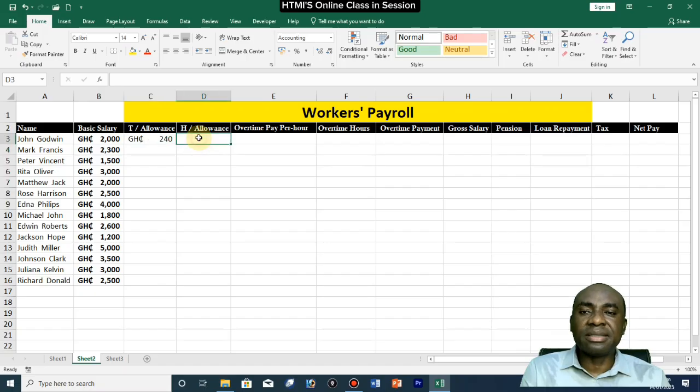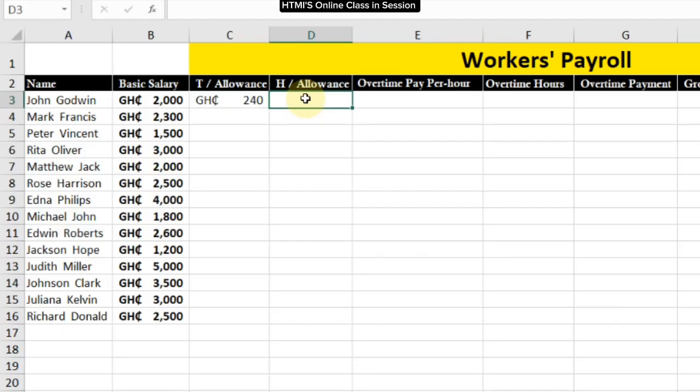Now the housing allowance is 13%. Again, equal to basic salary times 13%. Good. So the monthly house allowance for the first worker is 260.